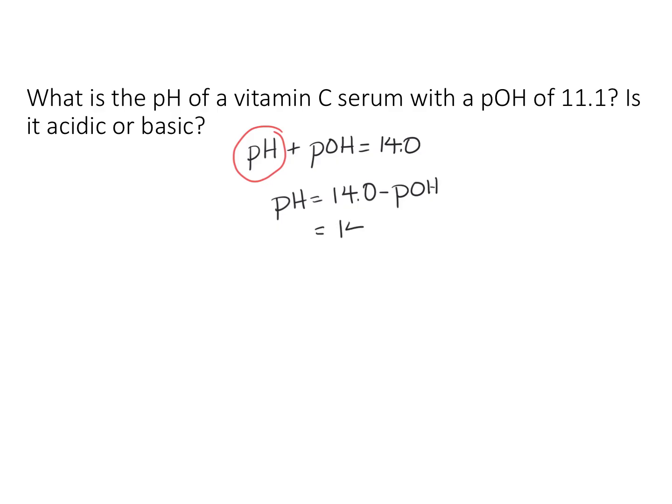So that would be 14 minus 11.1, and that would be 2.9, and that would be acidic because the pH is less than 7. Now, this should make sense to us. We know vitamin C is a little bit more acidic, so that's something that we would see there.